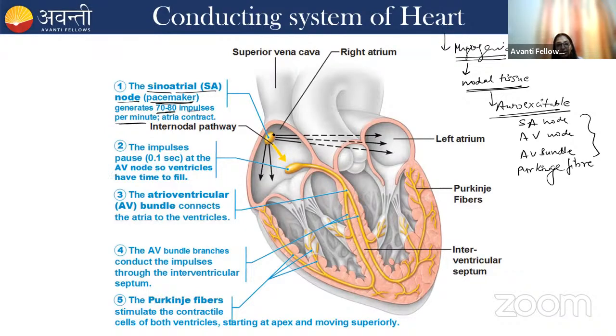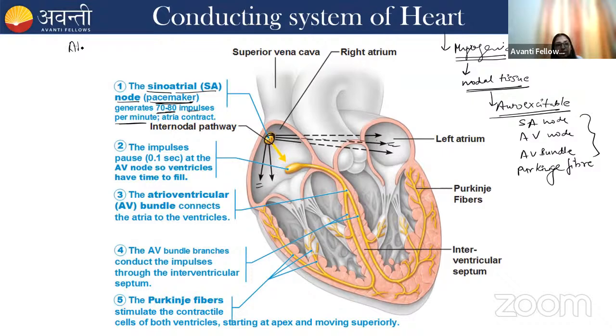Okay, so the position of the SA node is at the top of the right portion of the right atrium. The impulse generated by the SA node will move to the left atrium and is also received by the right atrium. So when this impulse is received by the left atrium and the right atrium, what happens?